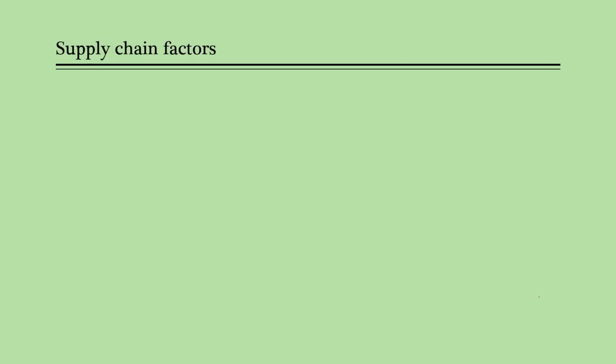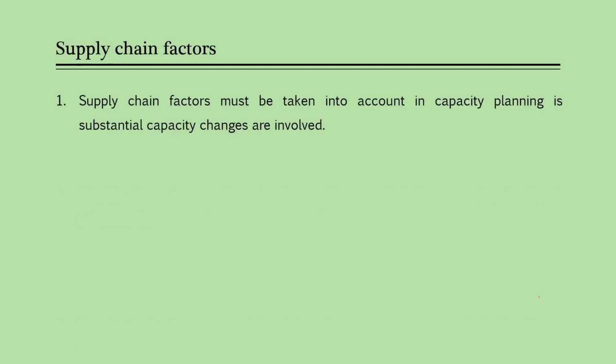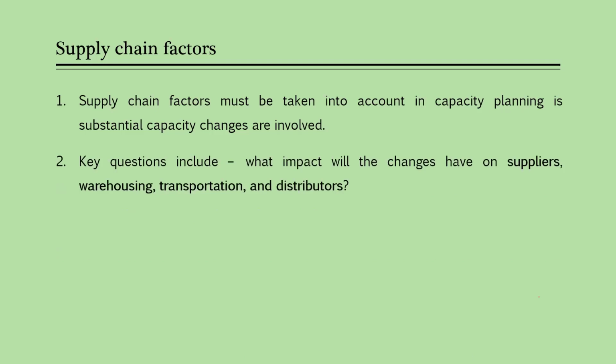Now let's see supply chain factors. Supply chain factors must be taken into account in capacity planning, if substantial capacity changes are involved. Key questions include what impact the change will have on suppliers, warehousing, transportation, and distributors.